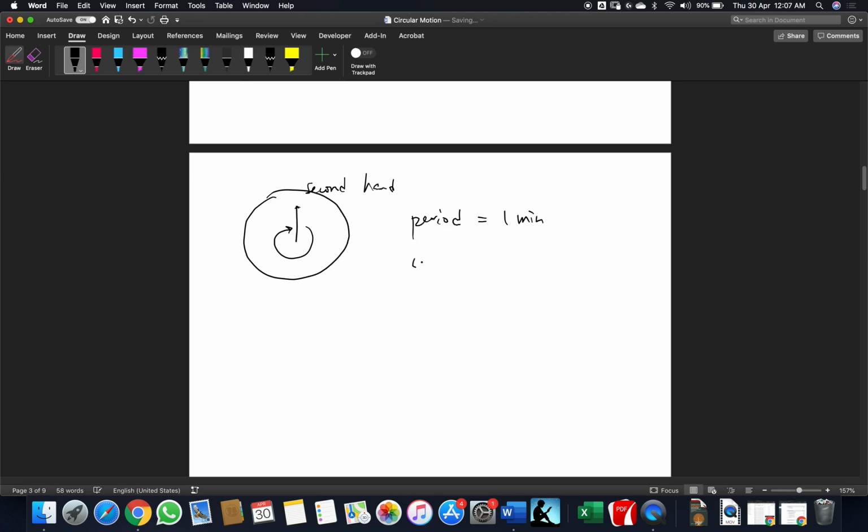Let's find the angular speed of this rotational motion. It's 2 pi over the period, and one period is 60 seconds. Of course, you should know that the SI unit of time is second. Use your calculator and divide 2 pi by 60. You can keep it as pi over 30 first, or keep it to 2 or 3 significant figures. The unit should be radian per second.